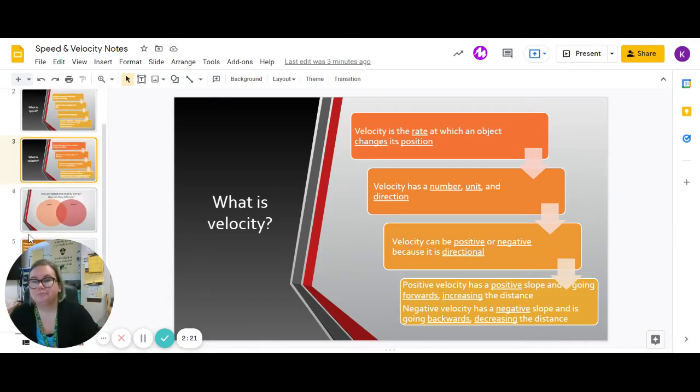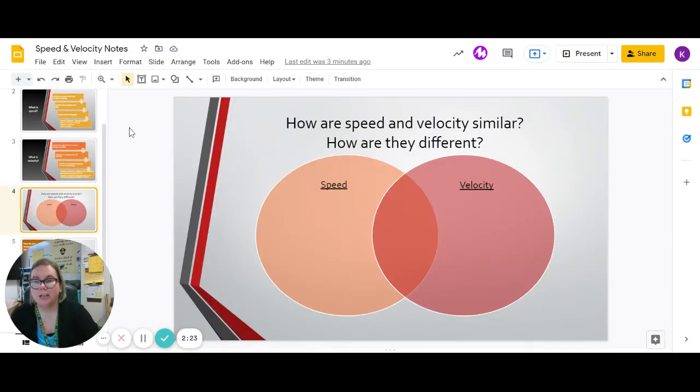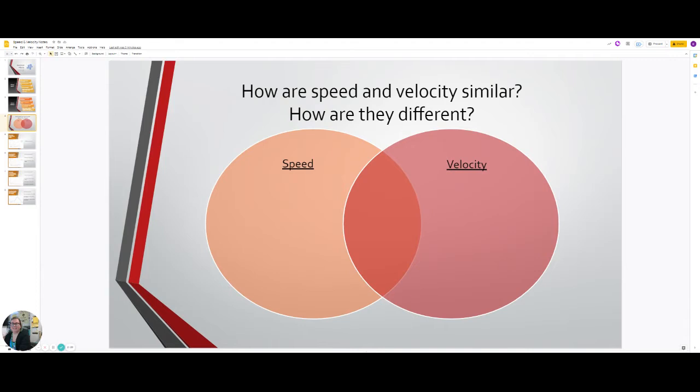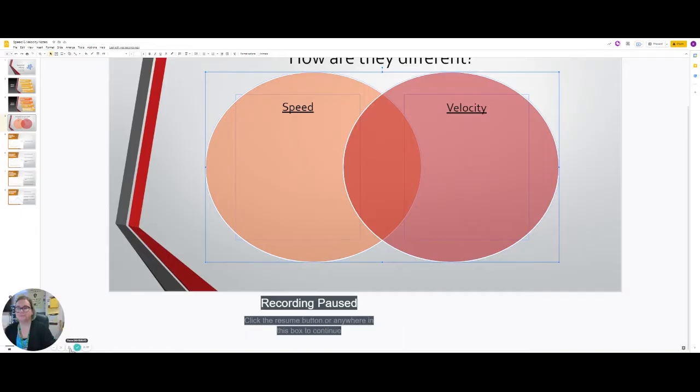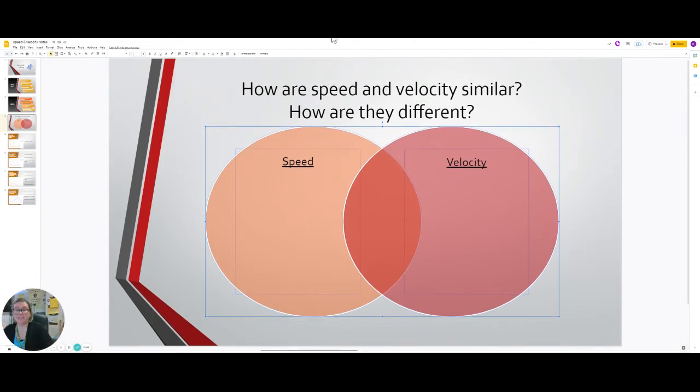Okay, so let's look at some similarities and differences. I'm going to zoom in a little bit here. So for speed and velocity, how are they similar and how are they different?